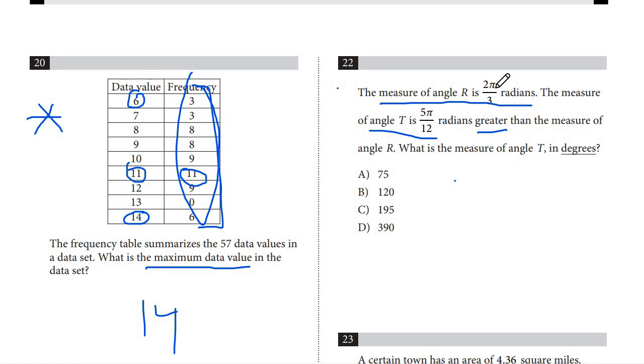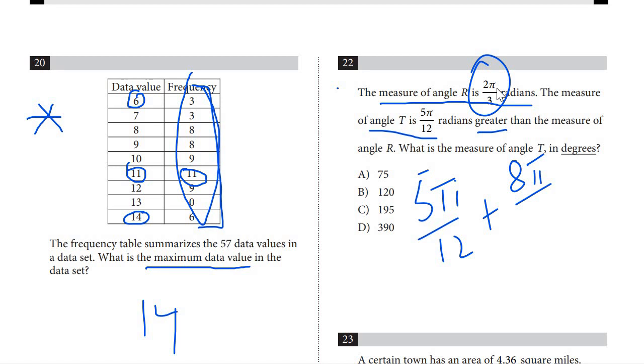By adding them, we need a common denominator, and the common denominator is obviously 12, so we multiply this by 4 on top and bottom, and we get 8 pi over 12. We have a common denominator, so now we can add, and we have 13 over 12 pi.